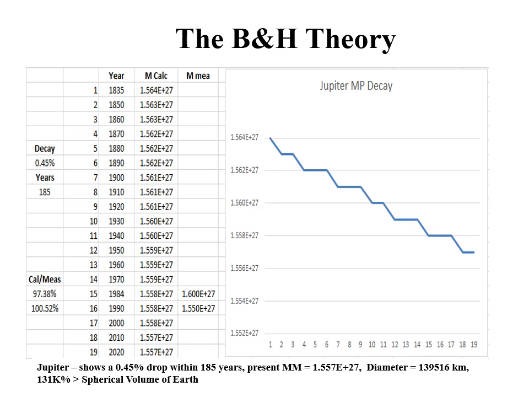Okay, here's the tracking of Jupiter. So here we have the decay rate, it's just a little less than 0.5%. Jupiter's such a big planet that a lot of the changes in the calculations, as you can see here, are very slight.